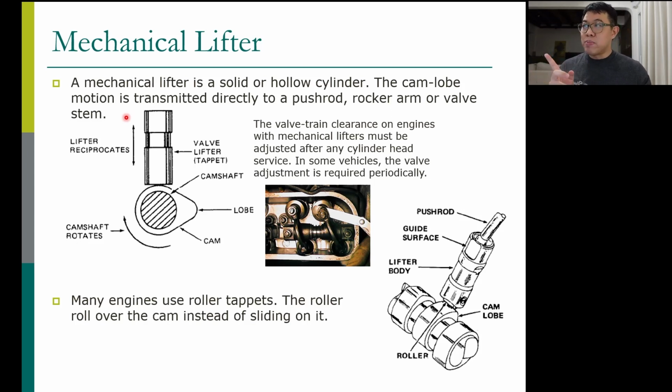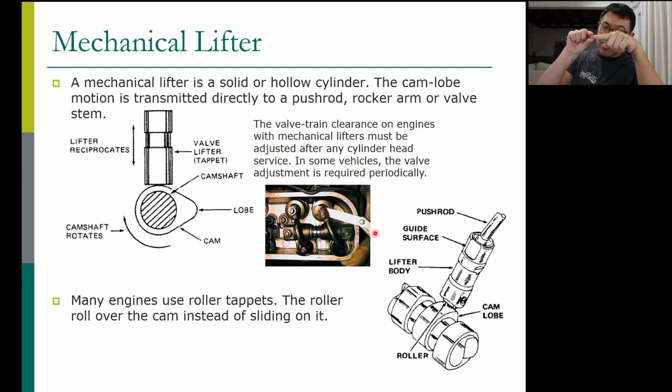Therefore, if you use a mechanical lifter, after some time, let's say 50,000 or 100,000 kilometers, you have to open up the engine and adjust the valve train clearance using this feeler gauge. This is a feeler gauge, a tool used to measure the gap between two components.